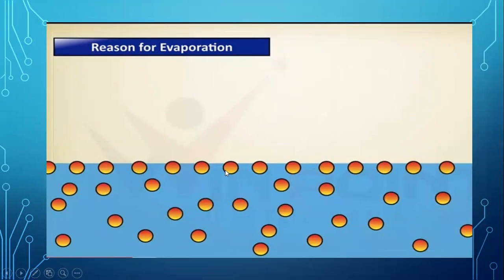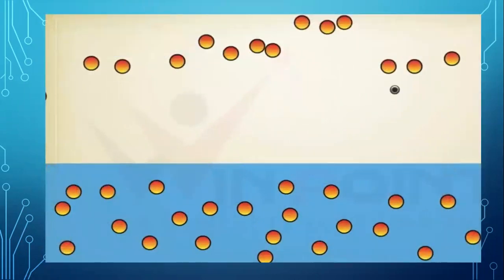Their kinetic energies increase so much that they can overcome the intermolecular forces of attraction. And finally, they enter into the atmosphere in the form of vapors. And here you can see that liquid molecules have vaporized.